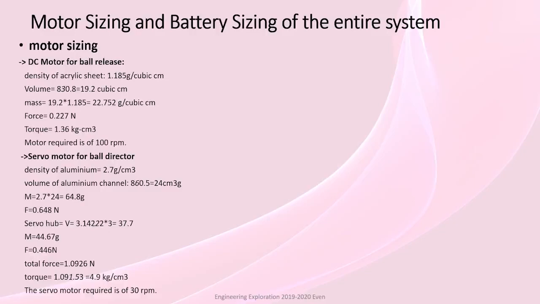So the motor required is of 100 rpm for the release mechanism. Similarly, servo motor for the ball director, we are using aluminum channel for its mouth. Similarly, mass and forces are calculated, and finally the servo motor required is of 30 rpm for the ball director.